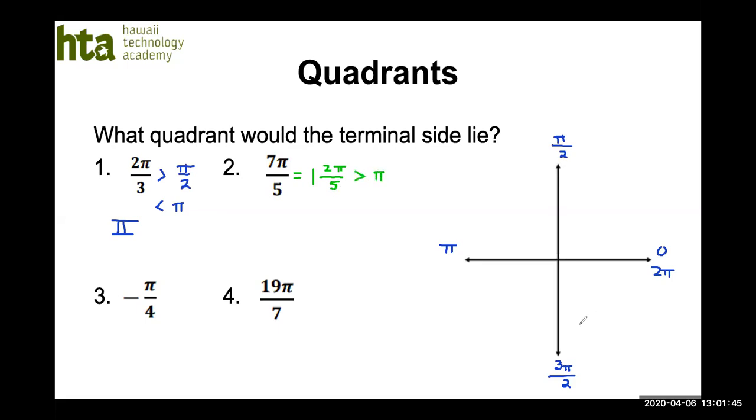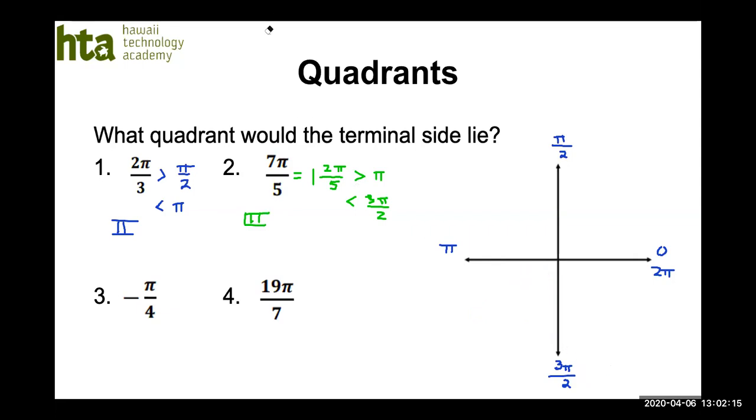Is it greater than 1.5 pi? Because remember, this is the same thing as 1 and 1/2 pi. Is it greater than that? No, it's not. It's actually less than 3 pi over 2. So it's between the pi and the 3 pi over 2, somewhere in this quadrant here. So that would be quadrant 3 as an answer. We're not going to worry about graphing it yet. I just want to know the quadrants right now.